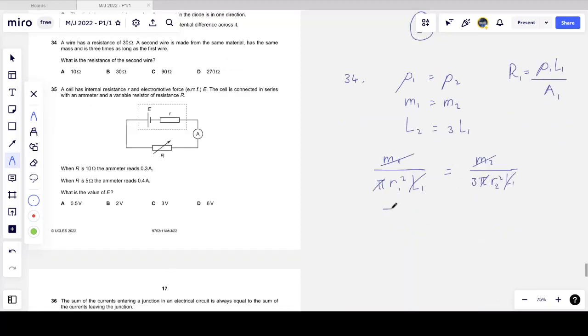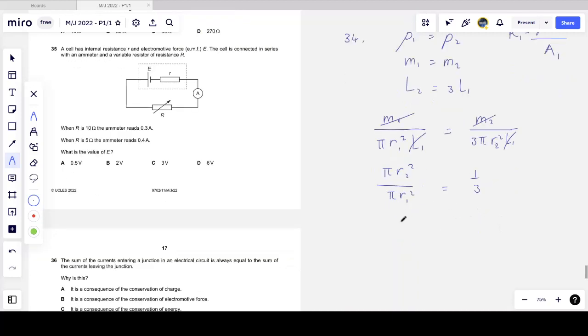And what we end up with is, actually, we'll leave the pi's for now, because what we end up with is pi r2 squared over pi r1 squared is 1/3. Aha, so what this means is the area A1 is 3 times the area A2. Why is that important?